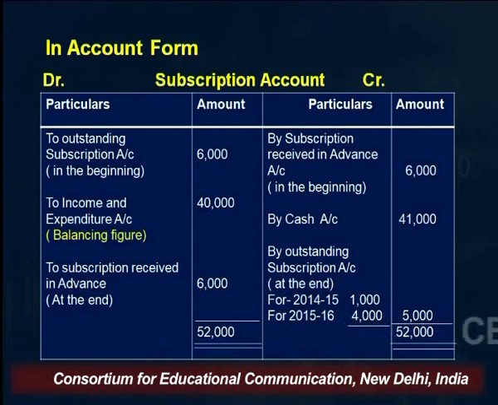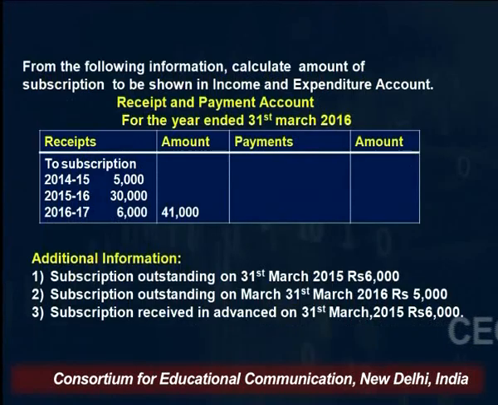Outstanding subscription is income which is related to the current year but not received, or any income which is not received till date. In this, two columns are shown. For the financial year 2014 and 15, the amount of subscription which is still outstanding is 1,000. How is it calculated? On the receipt side of the receipt and payment account, for the previous year 2014-15, the total amount of subscription which we have received this year is 5,000.